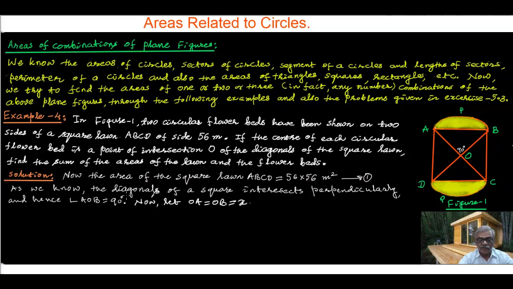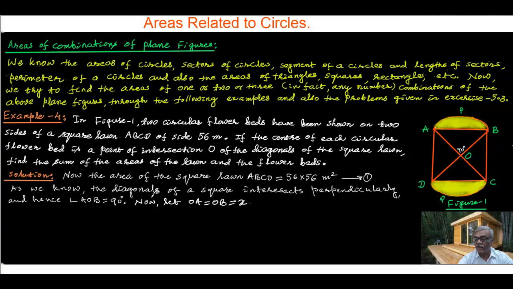And we know the diagonals of the square intersect perpendicularly, and hence angle AOB is 90 degrees. Diagonals intersect at O, and the corresponding halves of the diagonals are equal because it is a square.